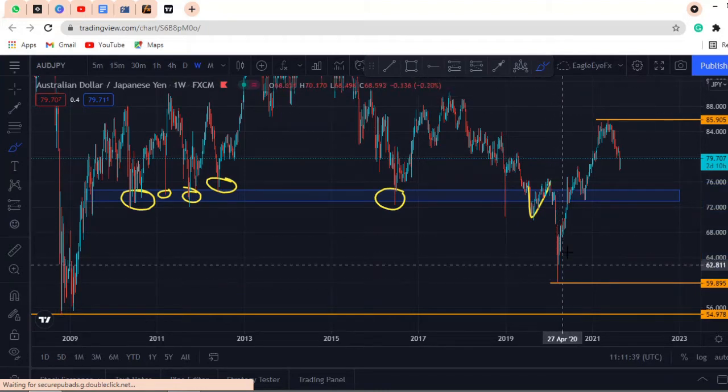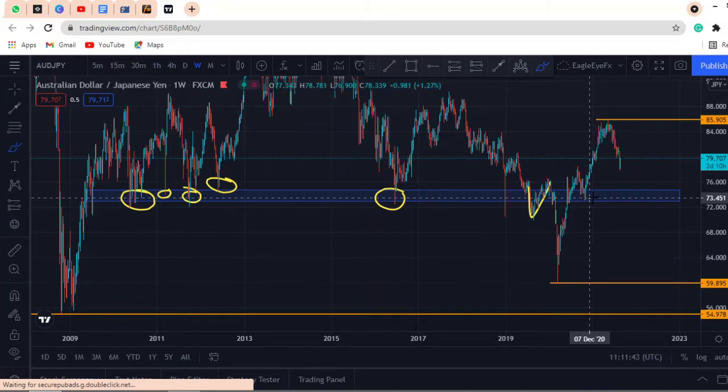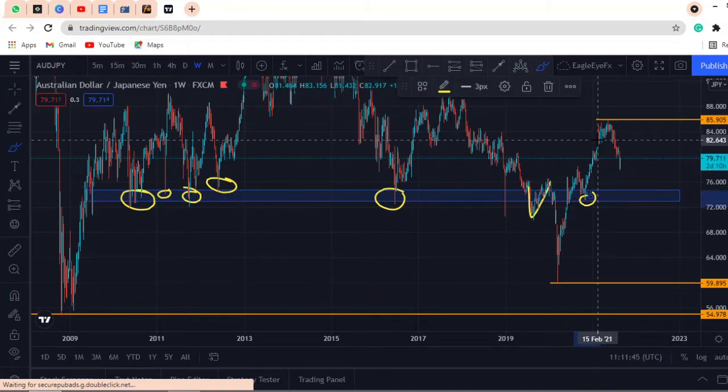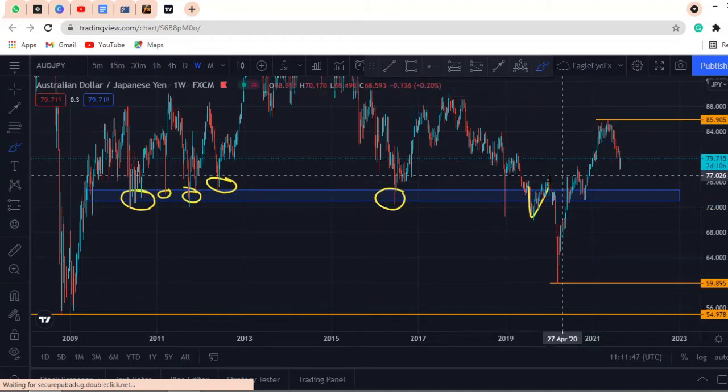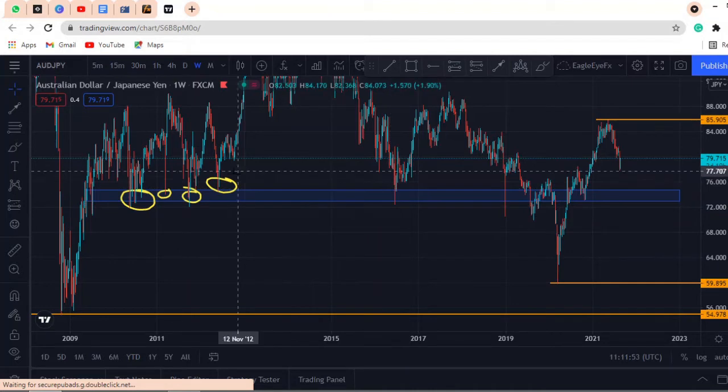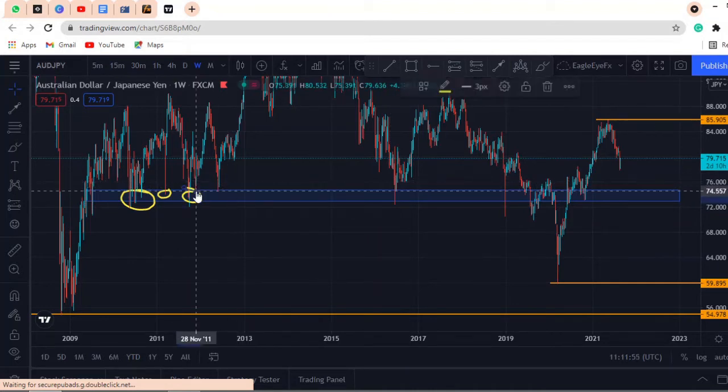It came up again, broke this structure, and then found support again to push to the upside. So that's the reason why I would rather be interested in that area, or draw that zone there, because it's a level of interest to me.